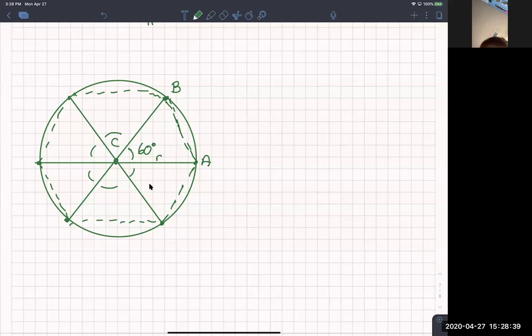So let me draw that out. Okay. Well, tell me, what do we know about this side CB and CA? They are equal. Why are they equal? Because every single one of the little lines going across the circle is 180 degrees.